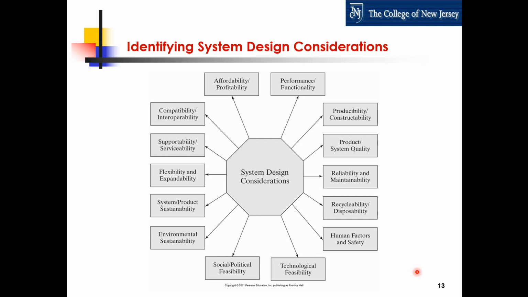So it may be that you need to worry about the environmental sustainability of your product, and just the sustainability of the system itself. I mentioned supply chain and things like that.